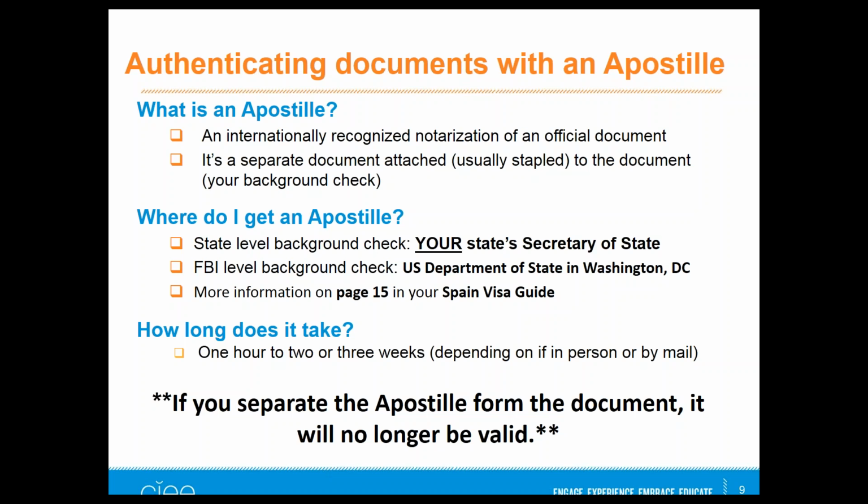So just be careful and cautious of that when you're making a copy of all your documents, that you're not tearing those two apart and then restapling them. There needs to be no proof that it was removed in any way. And I would say apostilles can cost anywhere from like $5 to maybe $20 a sheet. It just depends on your Secretary of State.